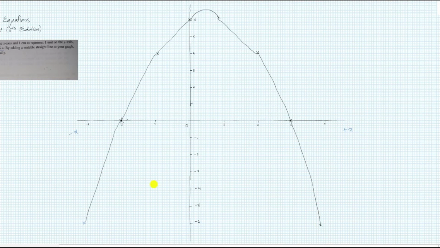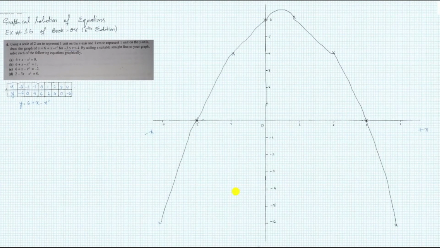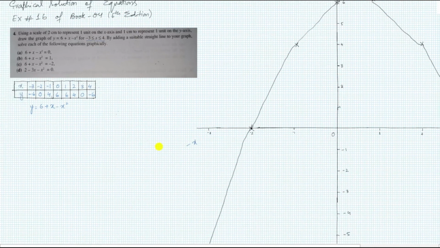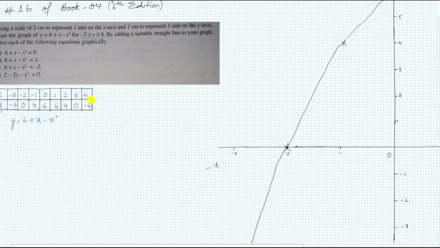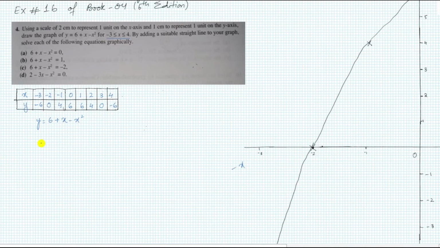Now what are they asking? In the first part they are saying, by adding a suitable straight line to your graph, solve each of the following equations graphically. Now if you look at part A, here we have 6 plus x minus x square is equal to 0.